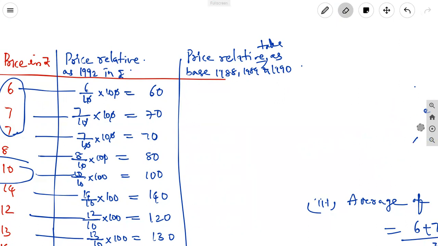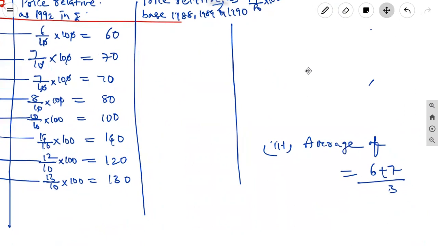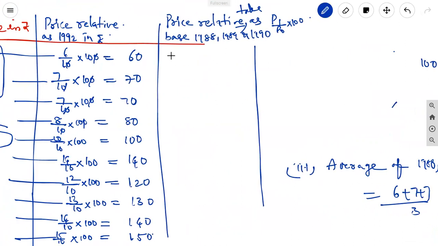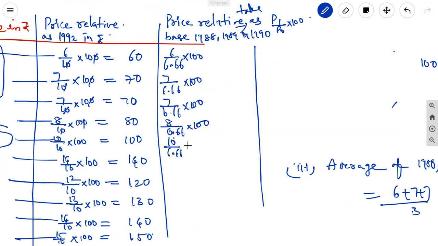What is the formula? P1 by P0 into 100. Here, what is the P0? 6.66 is the P0. Here, 6 by 6.66 into 100, 7 by 6.66 into 100, 7 by 6.66 into 100, 8 by 6.66 into 100, 10 by 6.66 into 100.